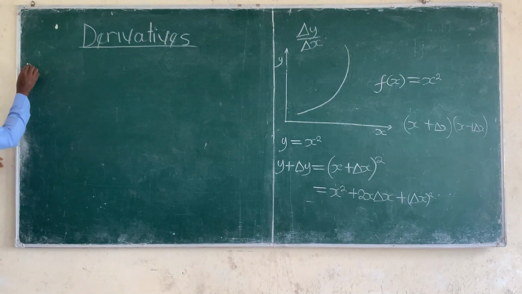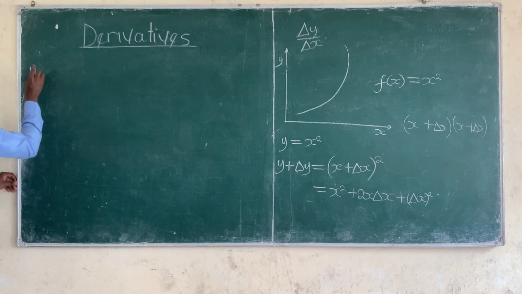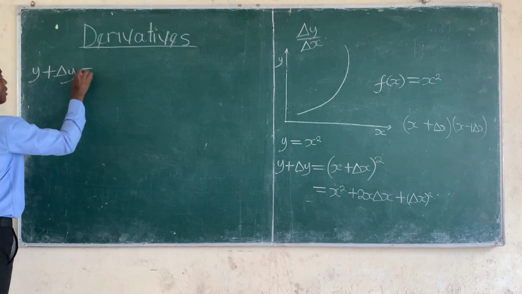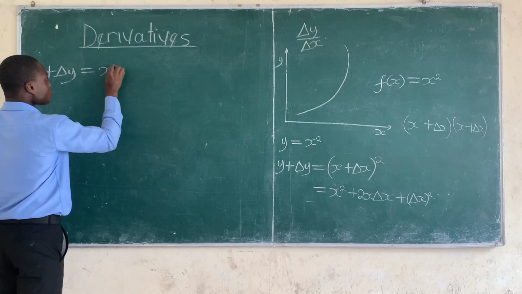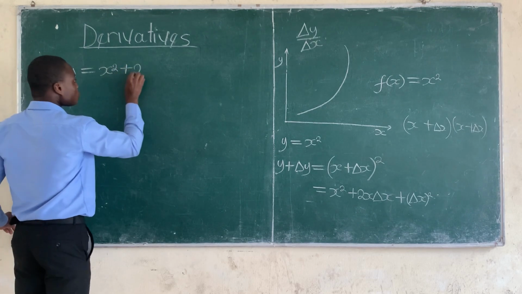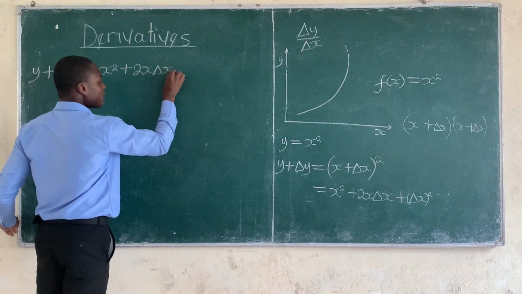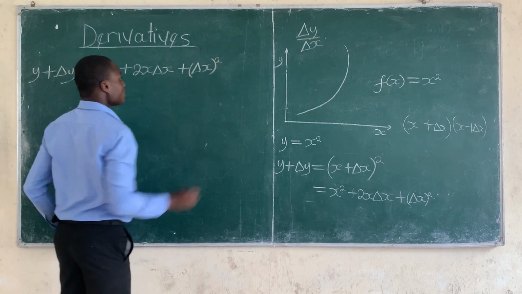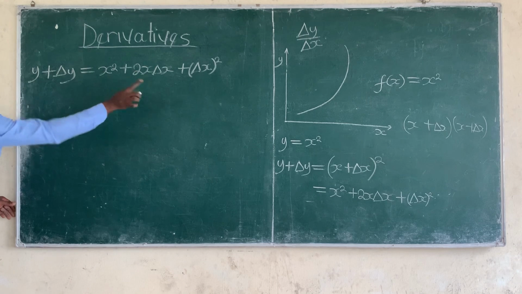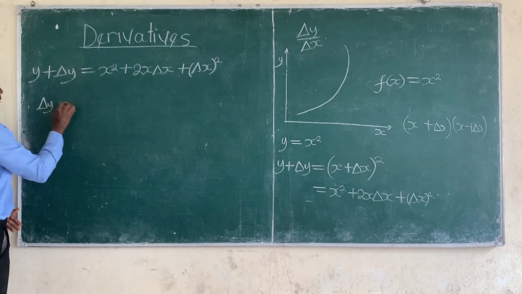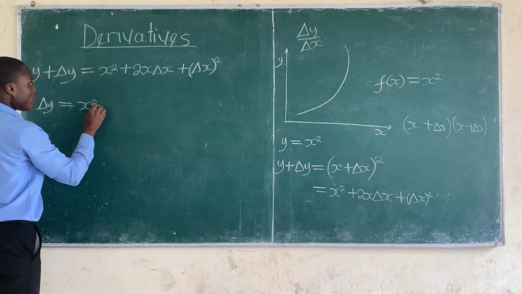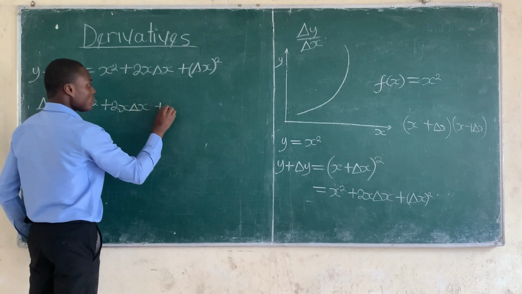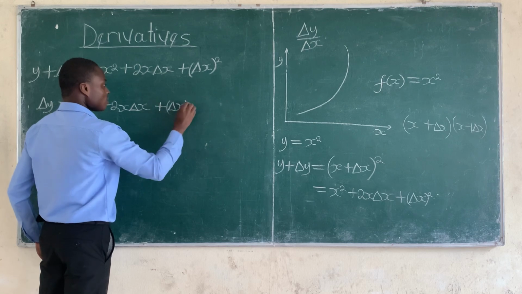So first of all, we have y plus increase in y equal to x squared plus 2x increase in x plus increase in x squared. So let's move y to this side. We have increase in y equal to x squared plus 2x increase in x plus increase in x square.